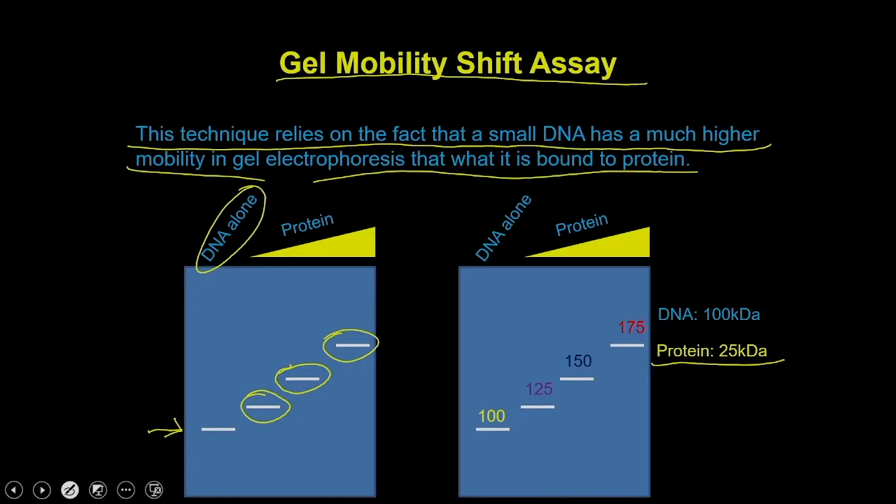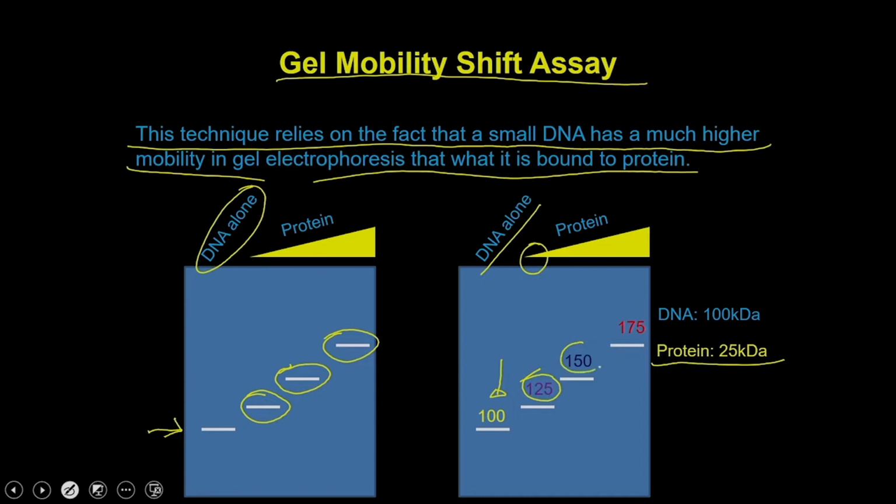When you run the DNA alone, it has a molecular weight of 100 kilodalton, but when you add a small amount of protein, if one molecule of protein interacts with the DNA, the resultant molecular weight is going to be 125 kilodalton.